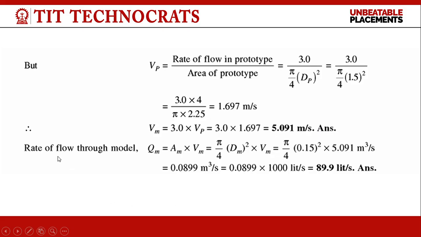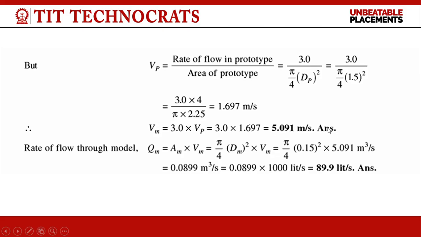Similarly, we can determine the rate of flow through the model. It is Qm is equal to Am multiplied by Vm. So put the value of dm to determine the area. It is pi by 4 dm square multiplied by Vm. So diameter is given as 0.15, so pi by 4 into 0.15 square multiplied by 5.091.